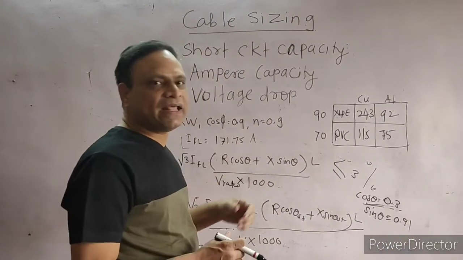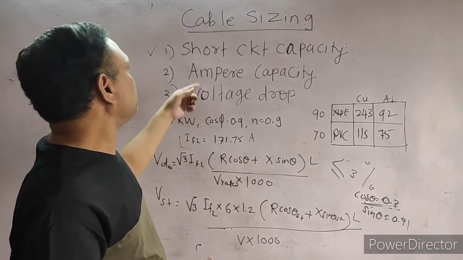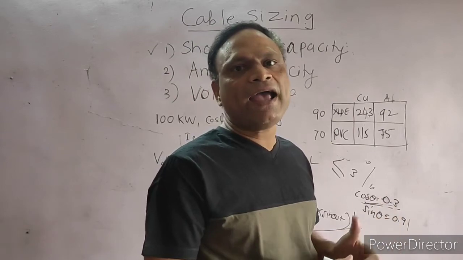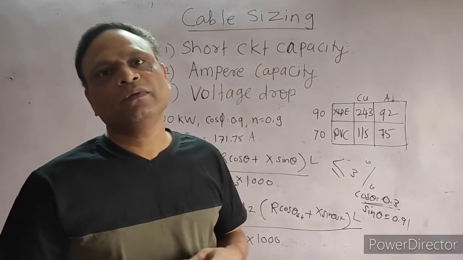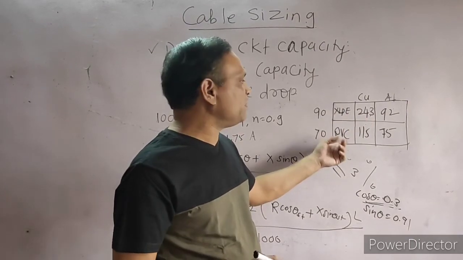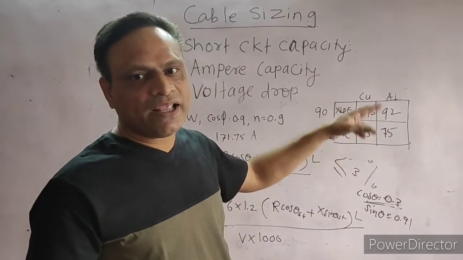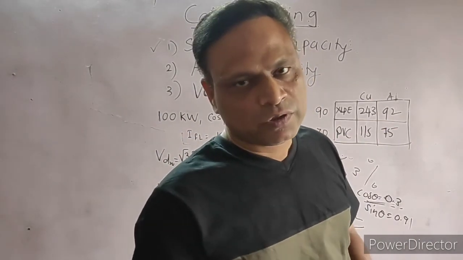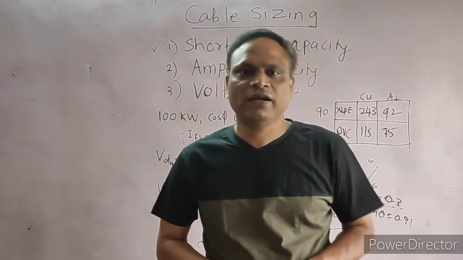That will give the area of the cable. The first one was short circuit capacity, where we saw I into root 3 upon K, where the values of K were for XLPE cables and PVC cable. We have already specified them in the previous table. Accordingly the cable selection is done. Thank you very much.